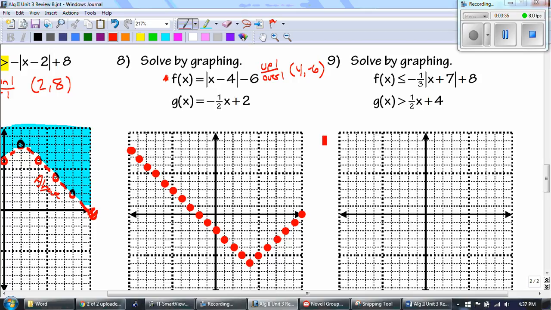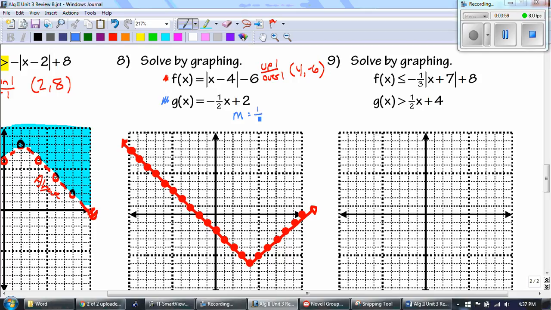Okay, so after I do all that, I'm going to draw my line using my straight edge, and there we go. Okay, so my next line is actually a line. It's not absolute value. Okay, so I look at my slope.